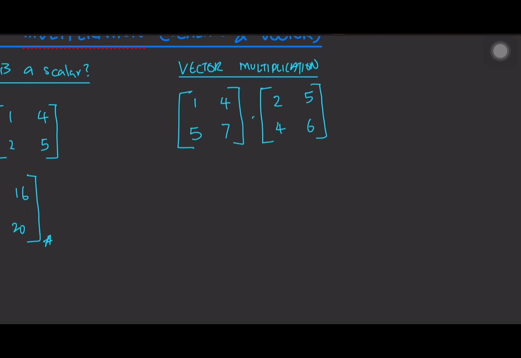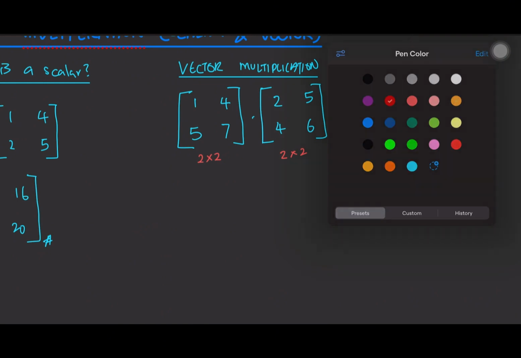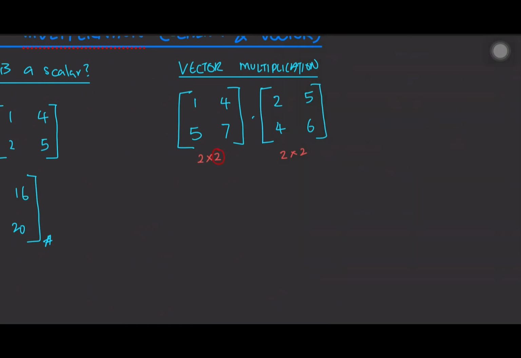This is a 2 by 2 matrix, because it has 2 rows and 2 columns. This is also another 2 by 2 matrix, 2 rows, 2 columns. When the first matrix's columns match the second matrix's rows, that means you can multiply them.